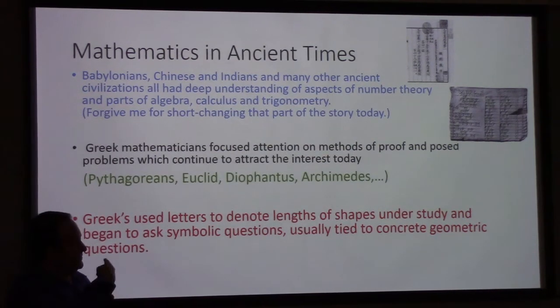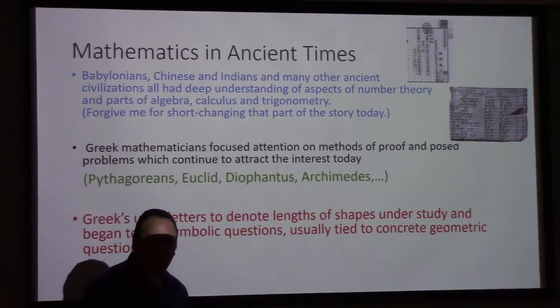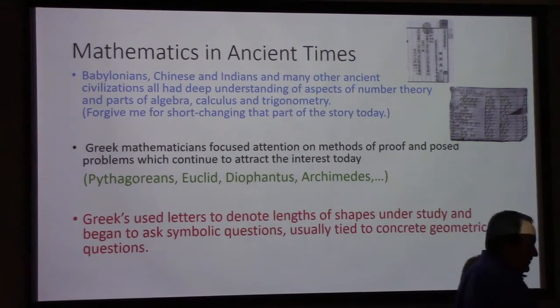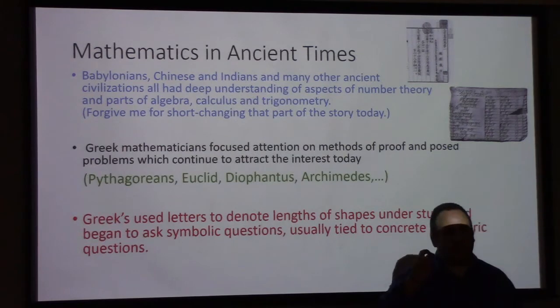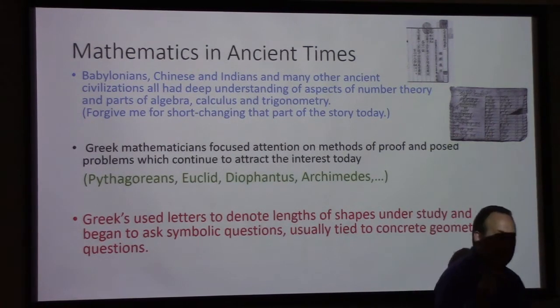In contrast, for other ancient works of literature, there's far less record. So anyway, the Greeks used letters to denote shapes under study, and they began to ask symbolic questions. But their symbolic questions were always, in some sense or another, tied to a question of geometry itself.